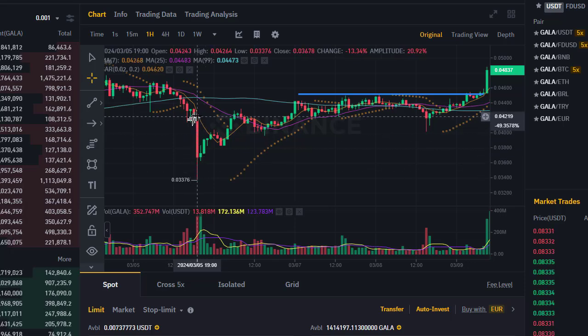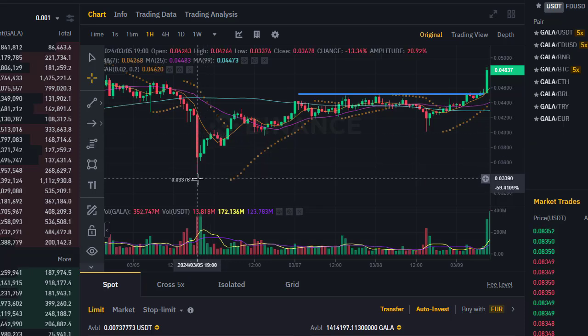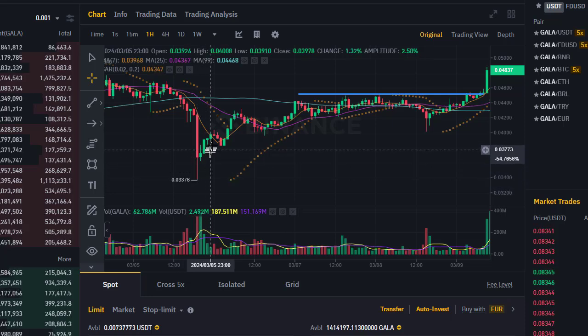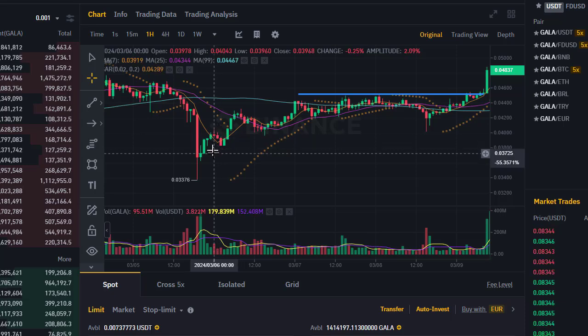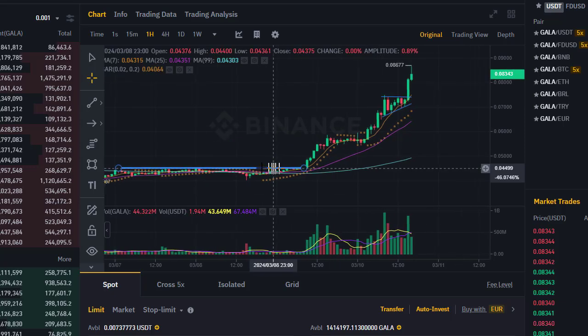Within an hour it fell a huge amount, but within 3 or 4 hours of that, it had regained over 50% of that. So there were clearly some buyers here who thought, no, this is crazy. They'd been waiting, wanting to get in on Gala, and they used that as an opportunity, and the price went straight back up there. So let's move the chart along again a little bit.